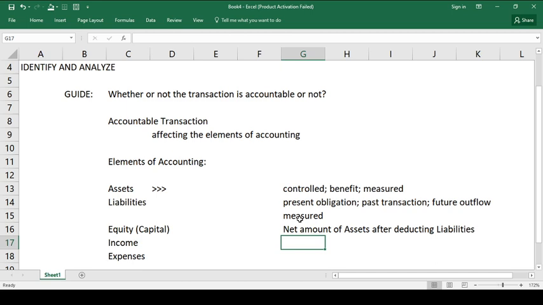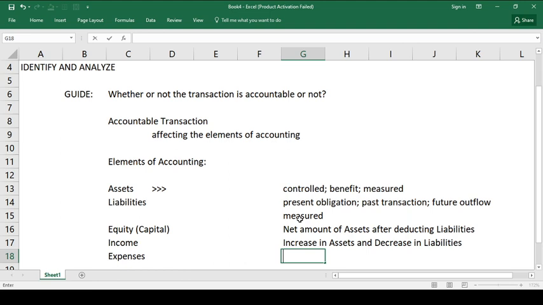How about income? Income is an increase in assets and a decrease in liabilities. Okay, take note, it can be an increase in assets or a decrease in liabilities.